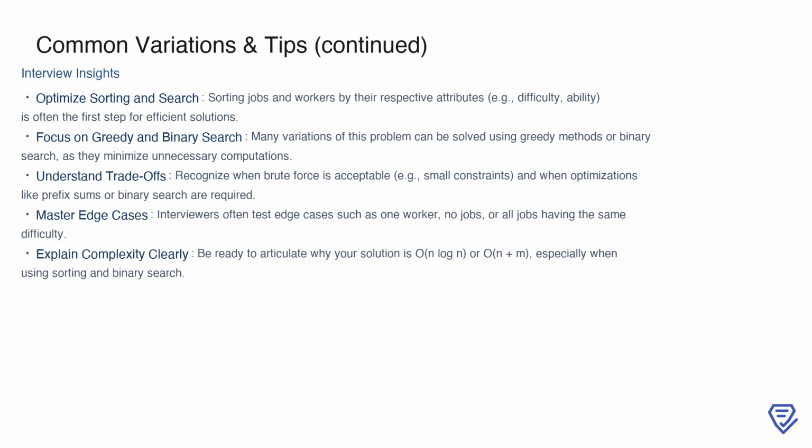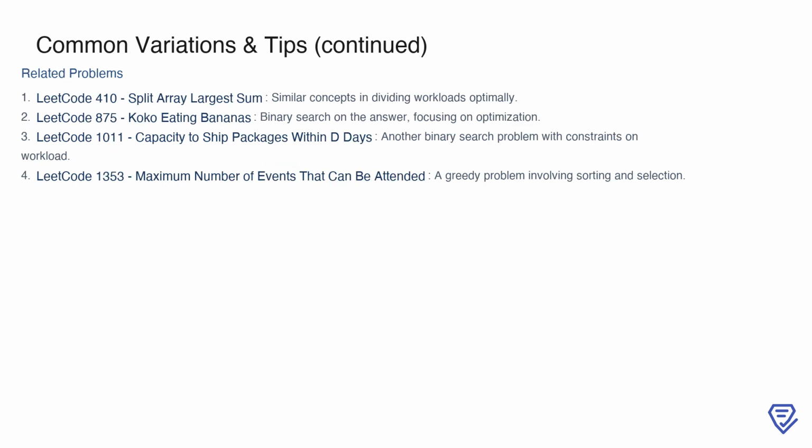will demonstrate your expertise. There are several related problems that share similar strategies and concepts. For example, LeetCode 410, Split Array Largest Sum, involves dividing workloads optimally, which is directly applicable here. LeetCode 875, Koko Eating Bananas, is another binary search problem where the focus is on optimizing a solution by searching within a range of values.